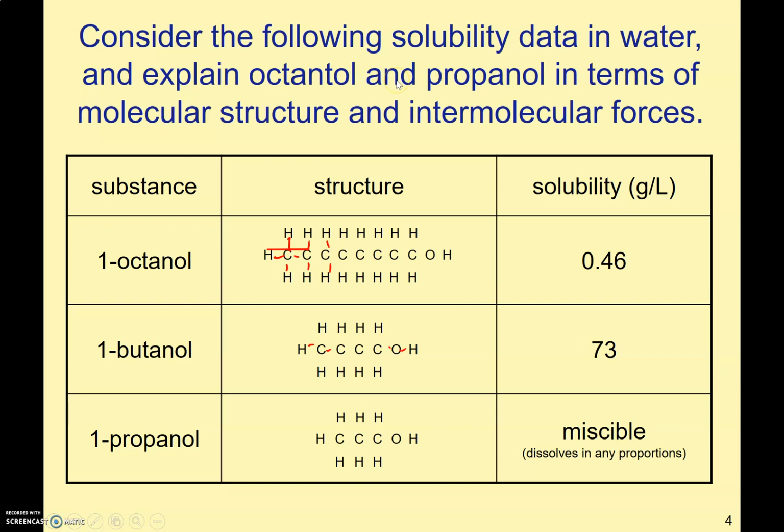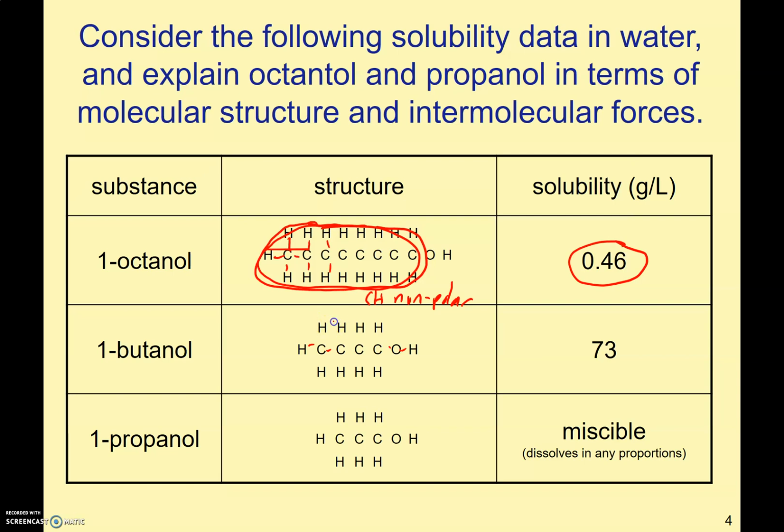This molecule has an extremely long nonpolar region. This is because carbon-hydrogen bonds are nonpolar. Because its nonpolar region is very large, it barely dissolves in water. Its solubility is very low in water.